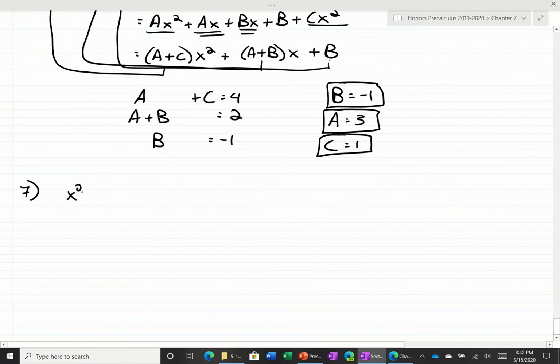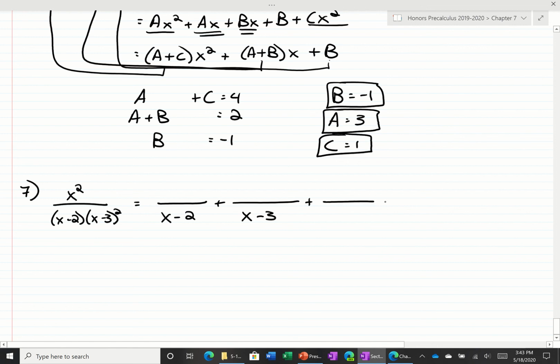Number 7 says we have x squared over x minus 2 times x minus 3 to the second. And that's going to decompose to a factor of x minus 2, 1, the first power of x minus 3, and then the second power of x minus 3.